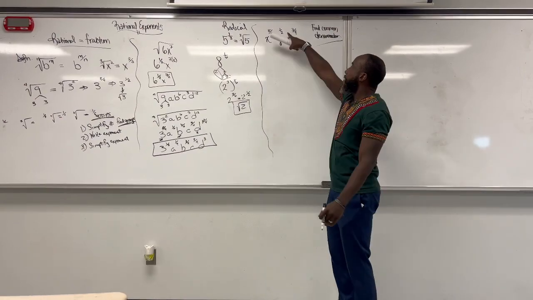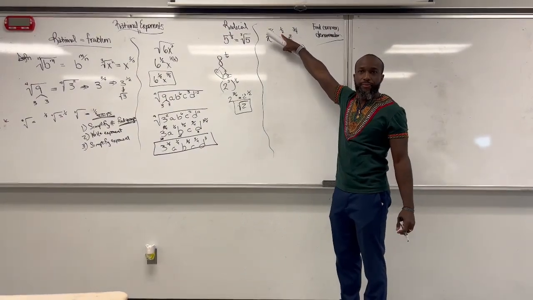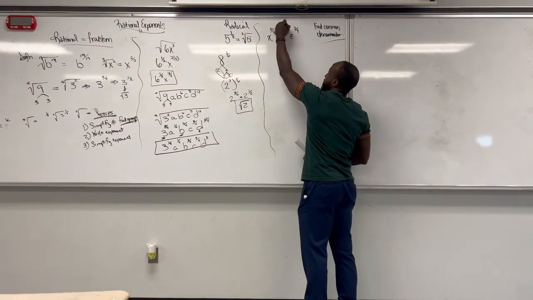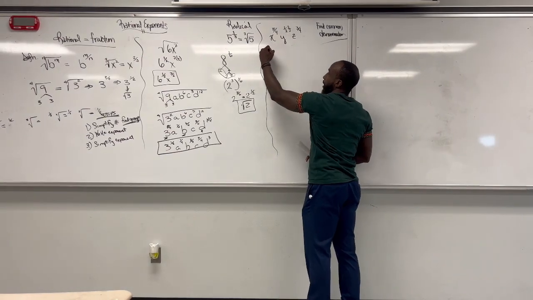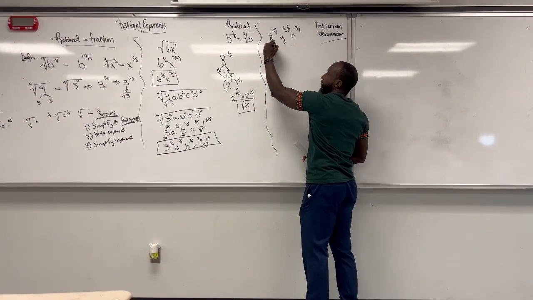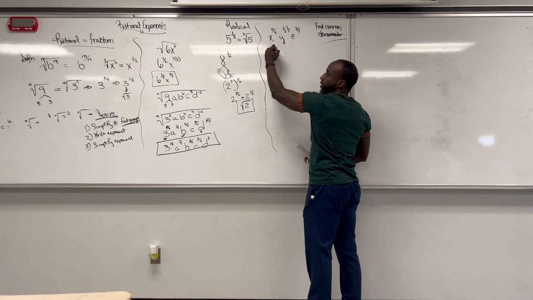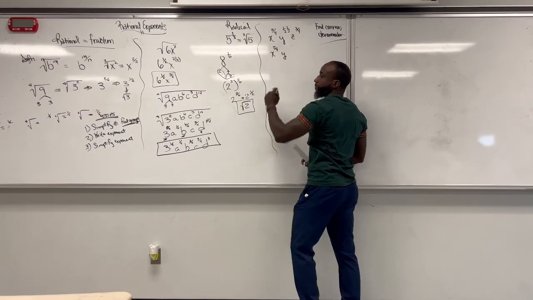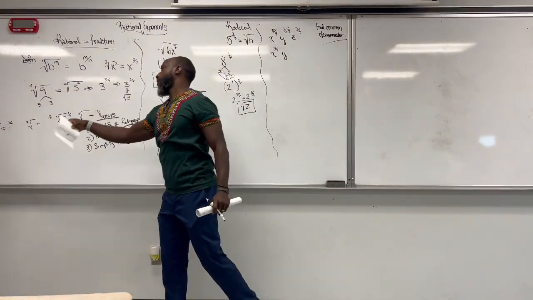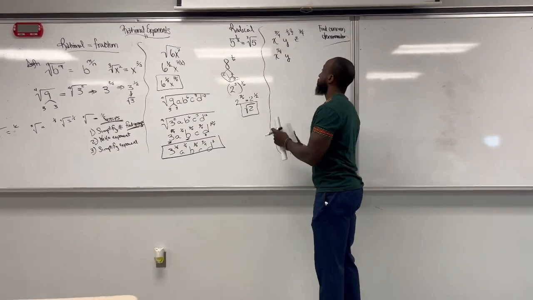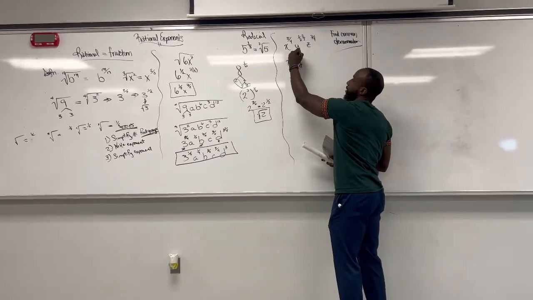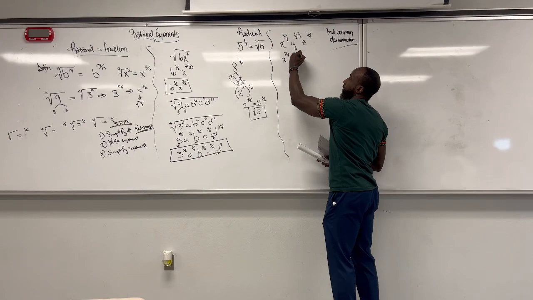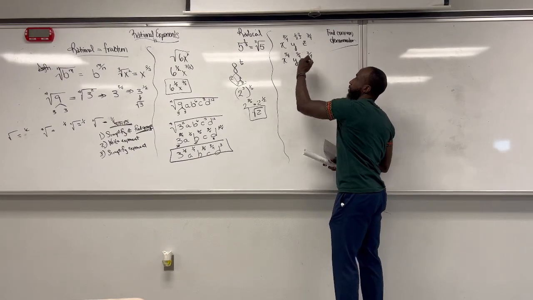4 is. How would I get the 4 here? Absolutely. You multiply the top and bottom by 2. So then we end up with x to the 5/4, y to the 2 over 4, z to the 3 over 4.